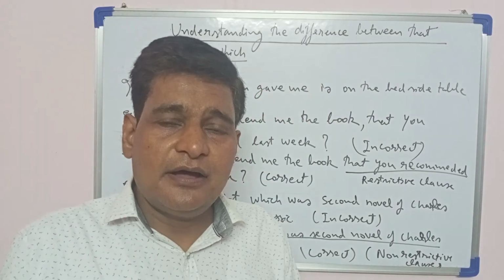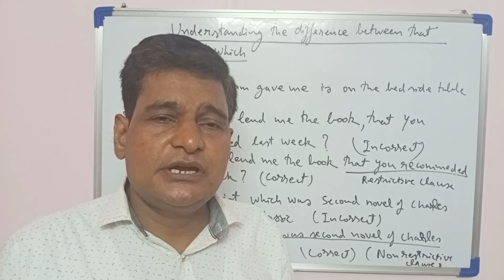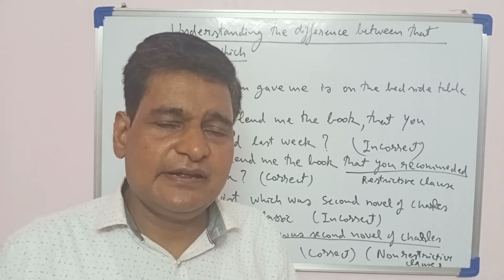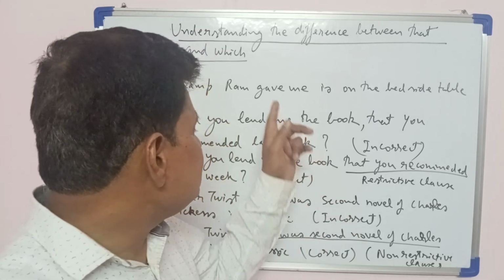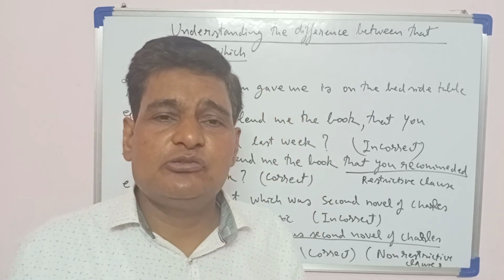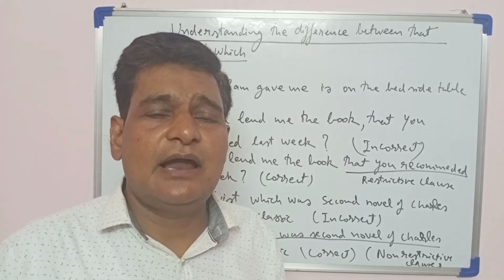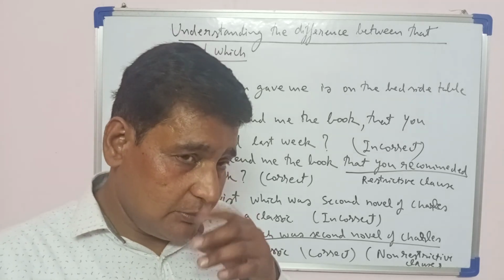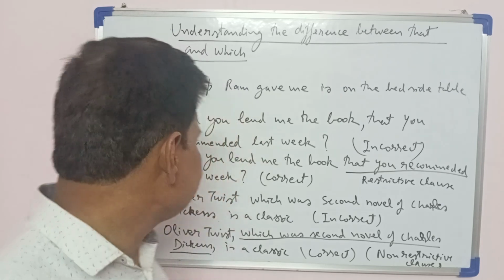If you are using which, it will make it non-restrictive and you have to punctuate the sentence. And if you are using that, you will not punctuate the sentence, because then that clause will become an integral part of the sentence. And if you remove that, then the meaning will change.